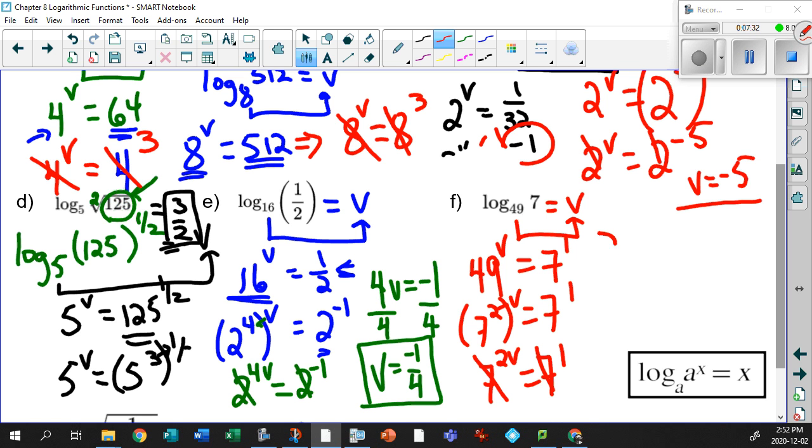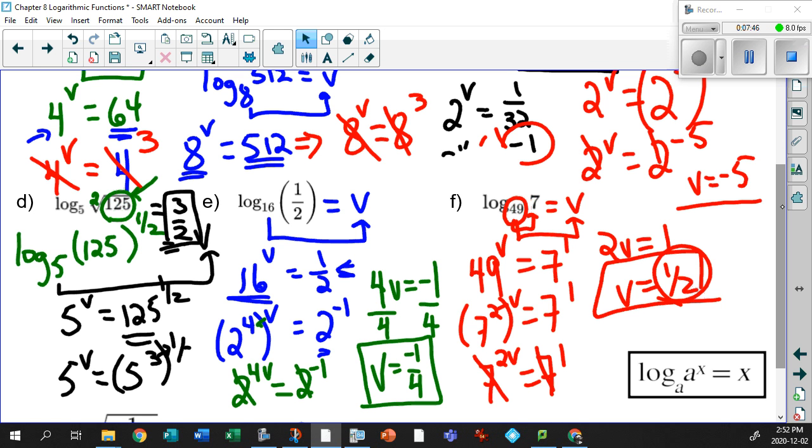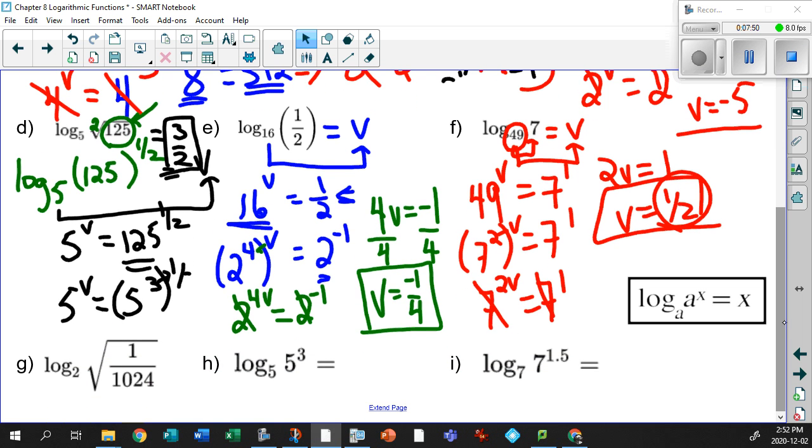Cancel the 7's. You got 2v equals 1. V equals 1/2. Oh my goodness. Well, think of the relationship, though. Doesn't the square root of 49 just give you 7? Doesn't a half exponent mean square root? Some things that you got to think about as you're going through this, eh?